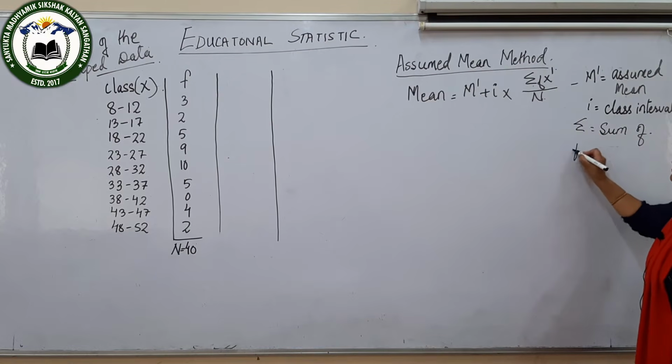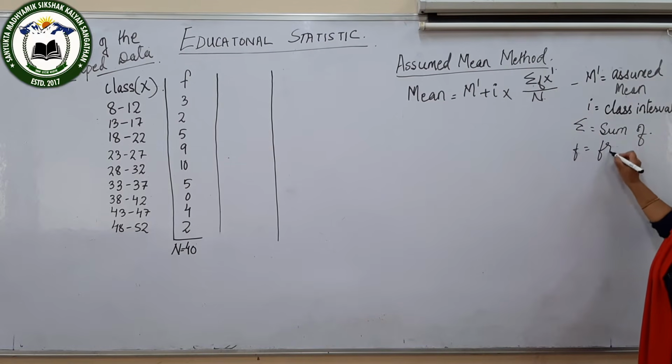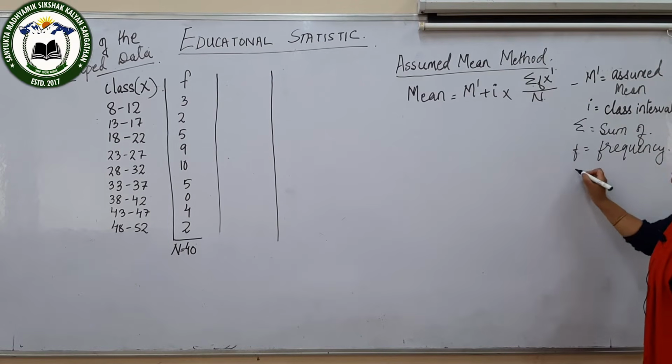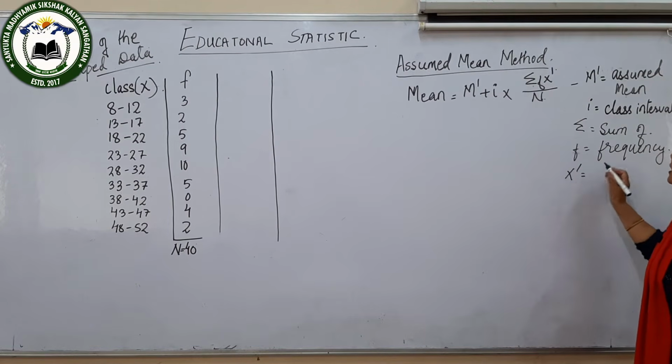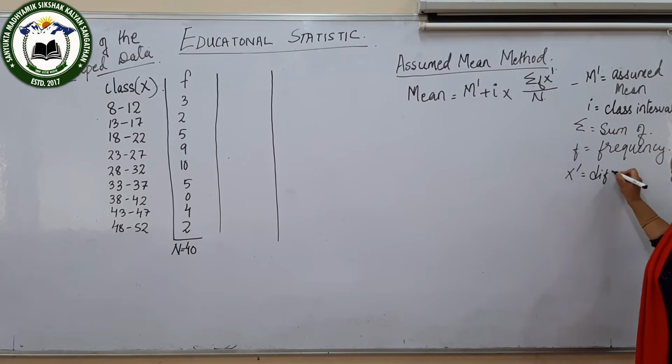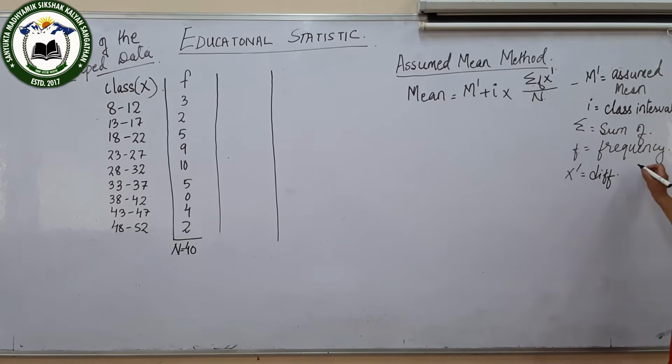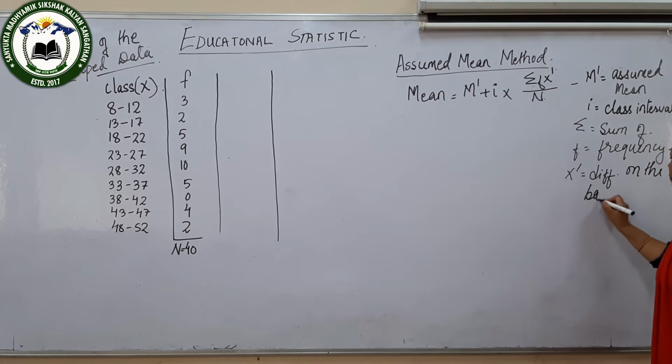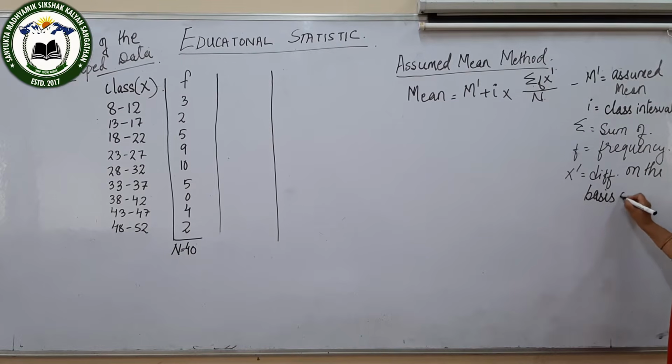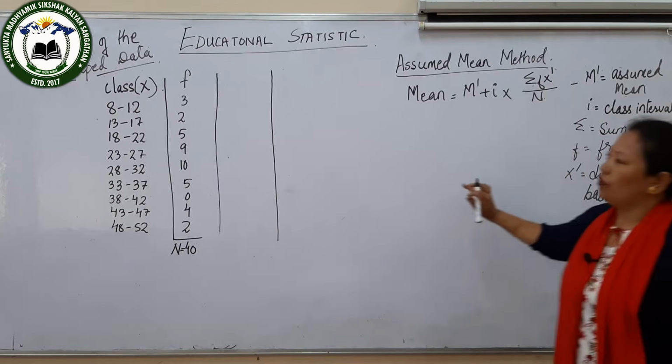As you know, f signifies frequency and x dash is the difference which you will obtain on the basis of your class. Okay.